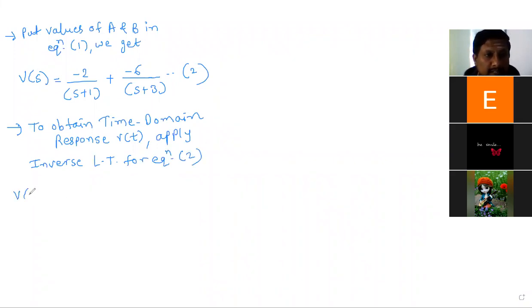So V of t is equal to Laplace inverse of minus 2 divided by s plus 1, plus minus 6 divided by s plus 3. Obtain it and tell me, what is the answer of V of t now?